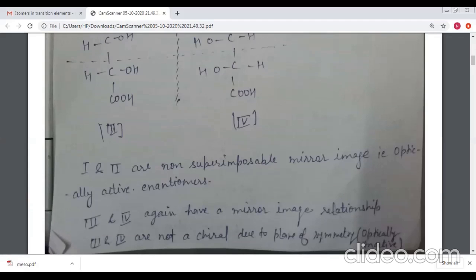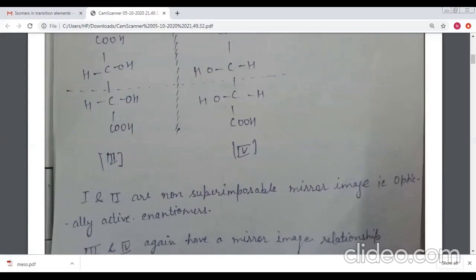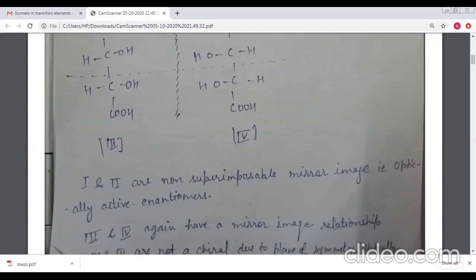I repeat again, structure number 1 and 2 are non-superimposable mirror images, so they are called optically active enantiomers. And structure number 3 and 4, again they are mirror images.